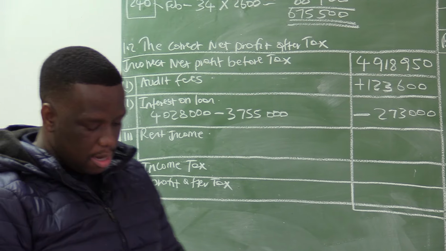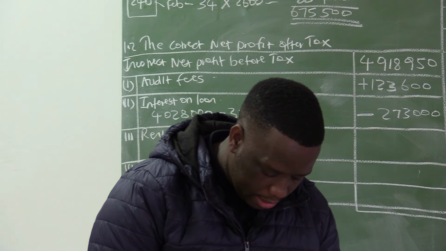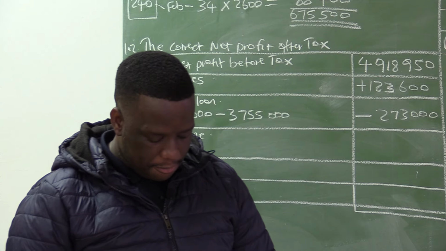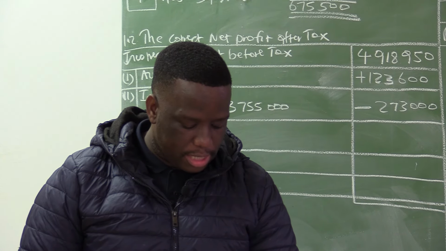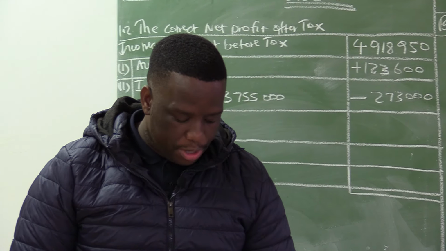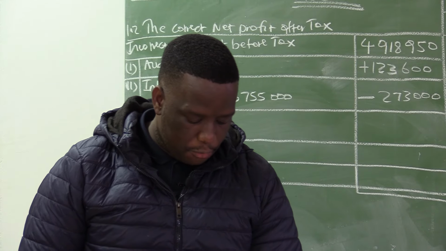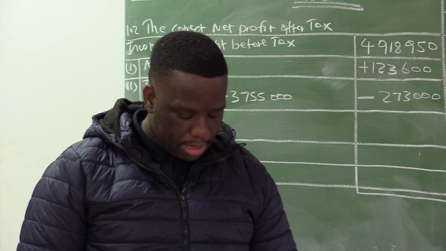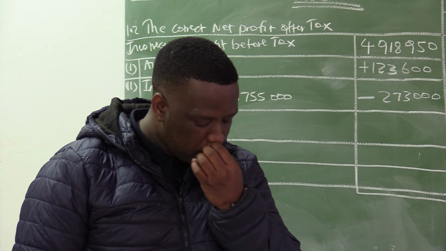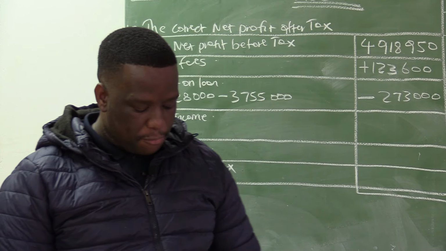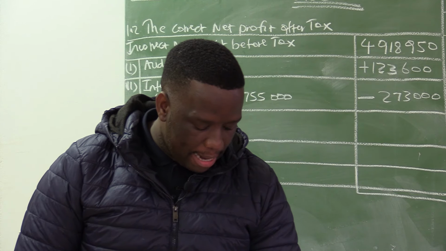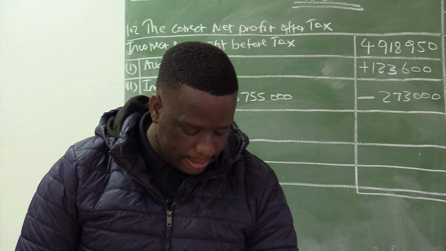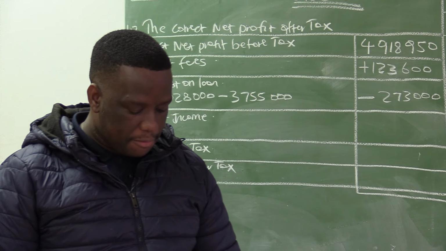So how did we calculate our interest? Let's go back a little to this calculation. When you look at page 5, you have the balance on 30 June, before interest on loan was considered, of 4,028,000. But the balance given in information A is the balance after the interest on loan has been considered, the final balance of 3,755,000.